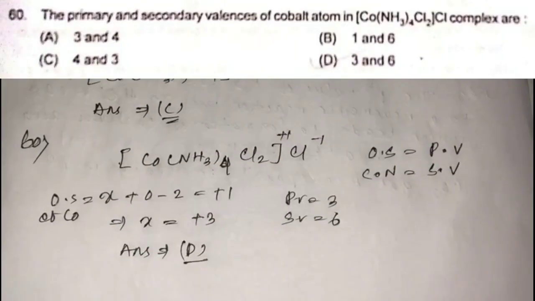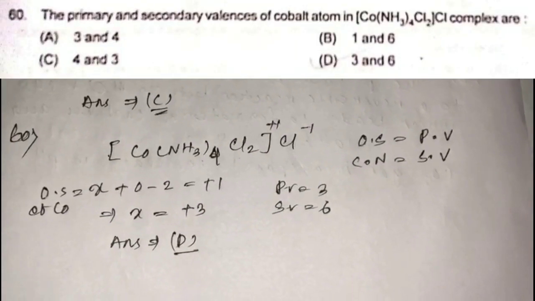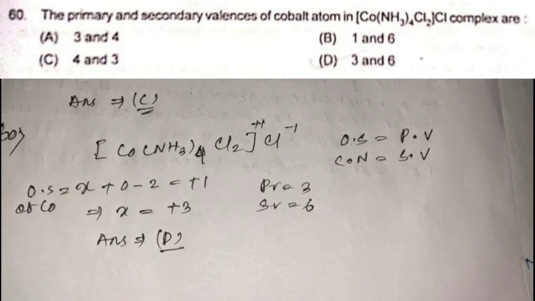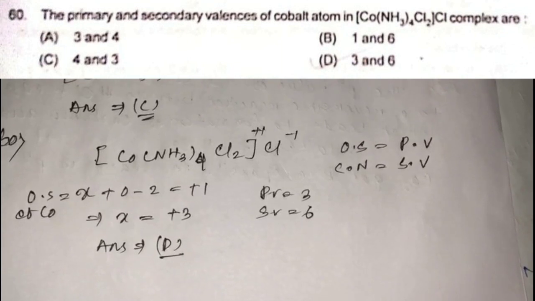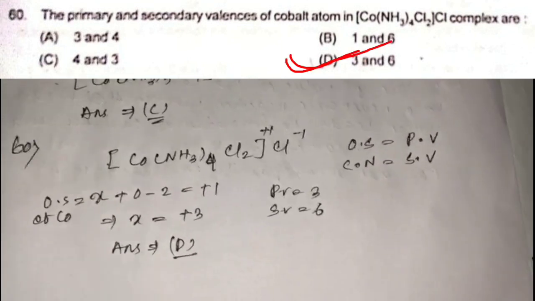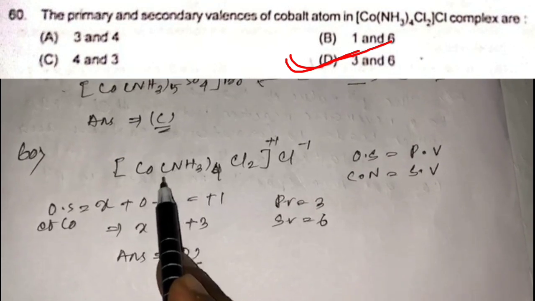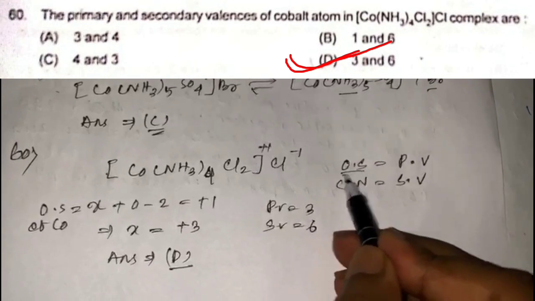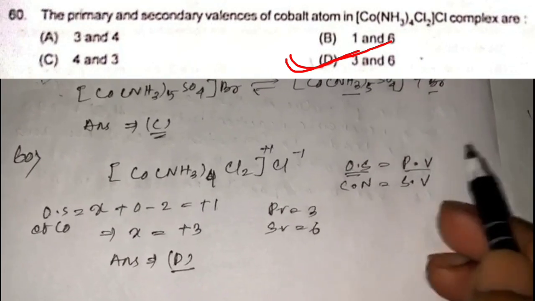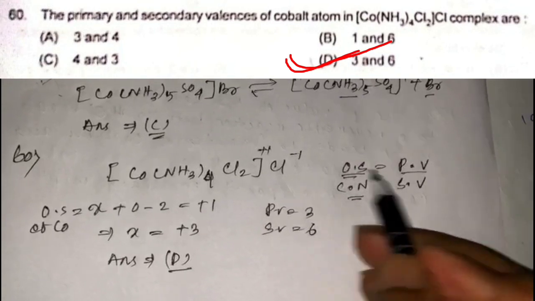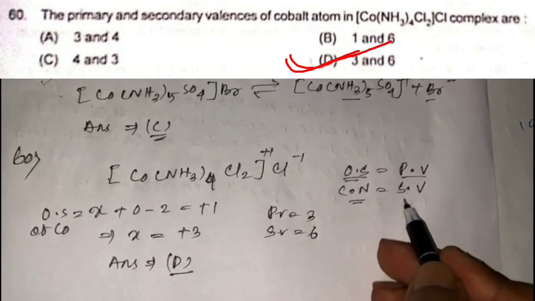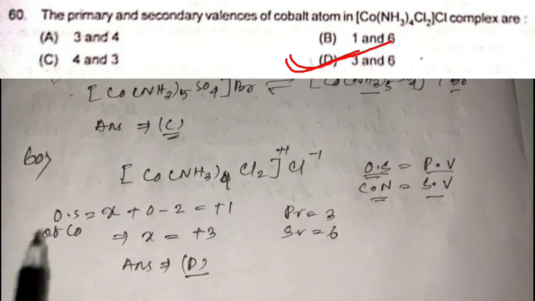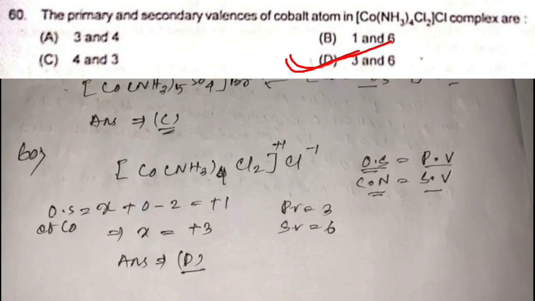Okay, then our next question, the primary valency and secondary valency of the cobalt atom in Co(NH3)4Cl2 Cl complex are. Question number 60, we are given this complex. See, the oxidation state of the central atom is called primary valency and the coordination number of the complex is called secondary valency. So you have to first calculate the oxidation state of the central metal atom.